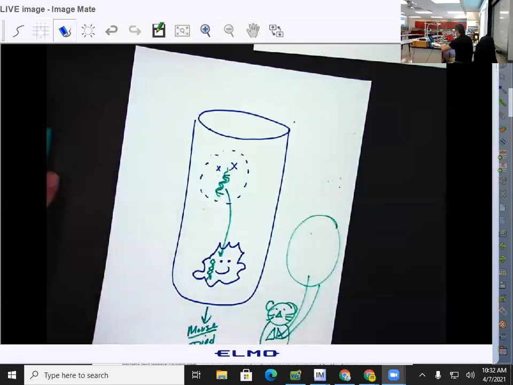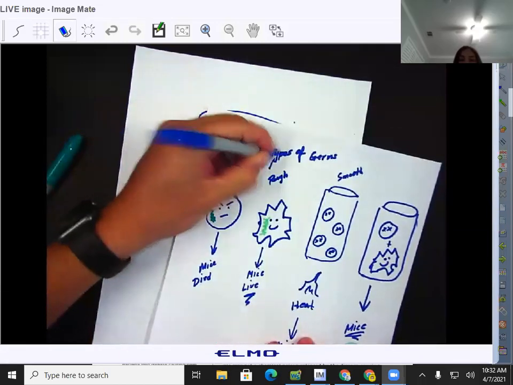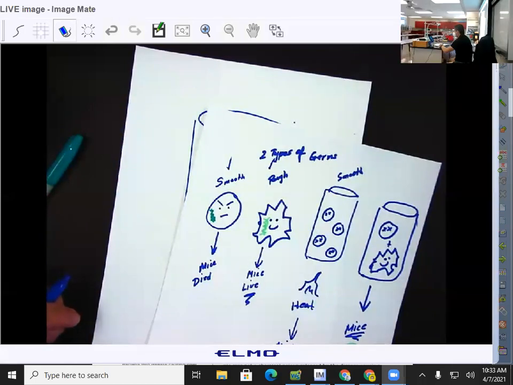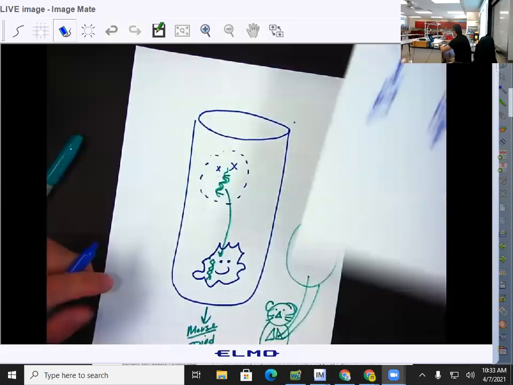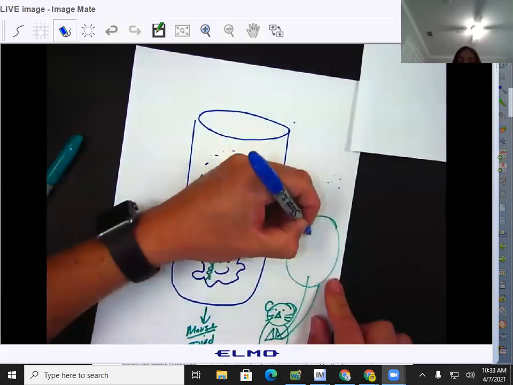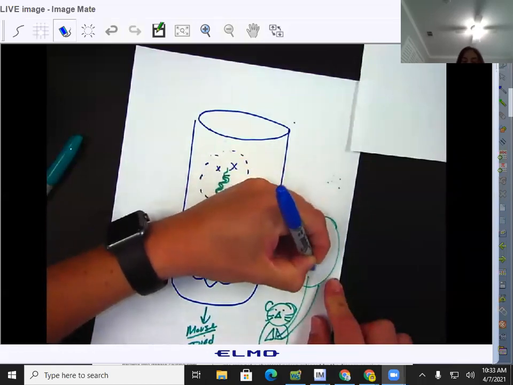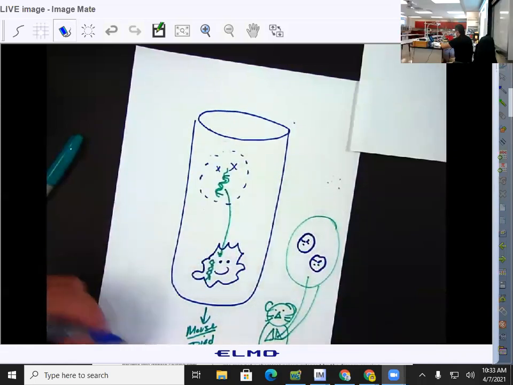Guess what he found in the mouse's lungs? Did he find these guys or these guys? What do you guys think? Bacteria. The disease bacteria. Yeah, he found in the lungs these guys. He found these guys in the lungs of the mouse.